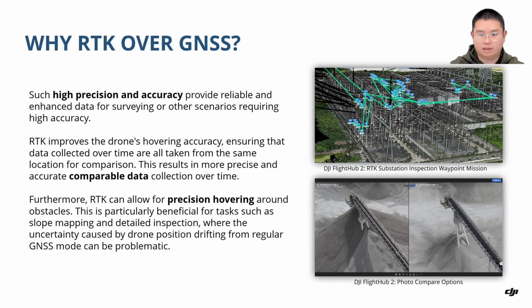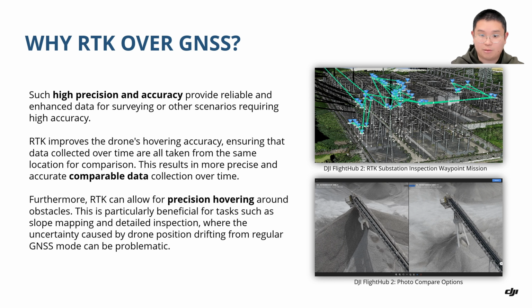Having explored the two positioning modes, we will now discuss the benefits of using RTK and situations where you may prefer it over GNSS. Firstly, RTK offers more accurate data collection, making it ideal for surveying and other tasks requiring high precision. Secondly, it improves the drone's hovering accuracy, allowing for easy comparison of data collected over time from the same location.